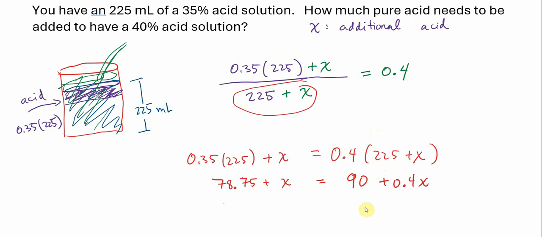We are going to collect our like terms, so we're going to move the 78.75 to the right side, and what I underline in blue here, 0.4x, to the left side. So this is going to be x minus 0.4x equals 90 minus 78.75. Okay.